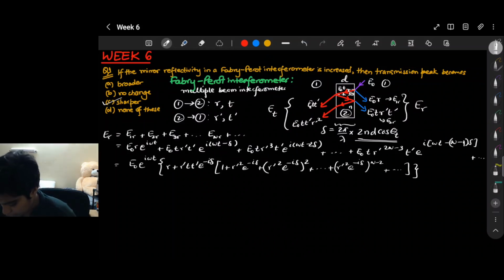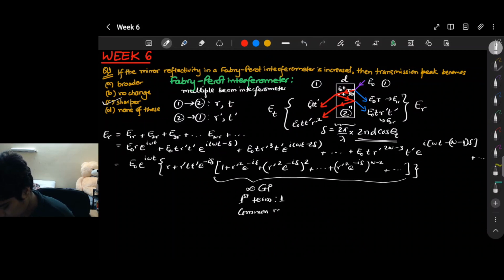Now this term right here, in the square brackets, is an infinite geometric progression, infinite GP, with the first term as 1 and common ratio R prime squared e to the power minus I delta.